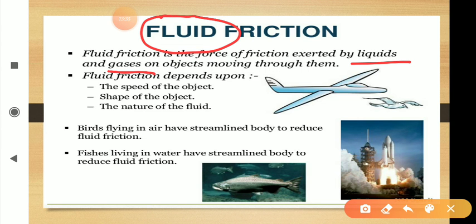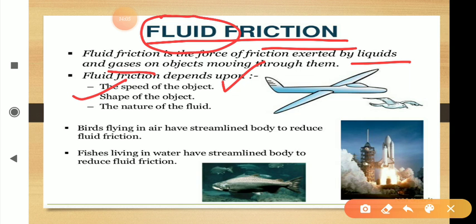Anything moving in these fluids experiences a frictional force, and that friction is known as fluid friction. This fluid friction depends upon the speed of the object. Larger is the speed, larger will be the friction. Second thing, the shape of the object. Larger is the object, larger will be the friction.